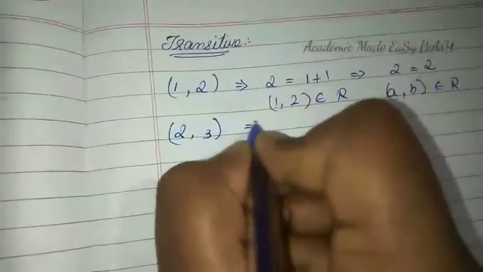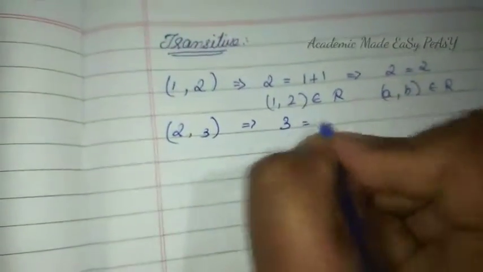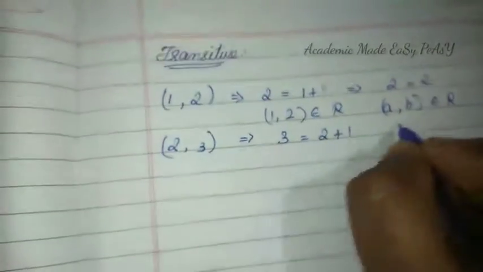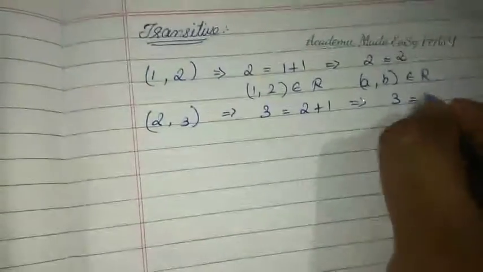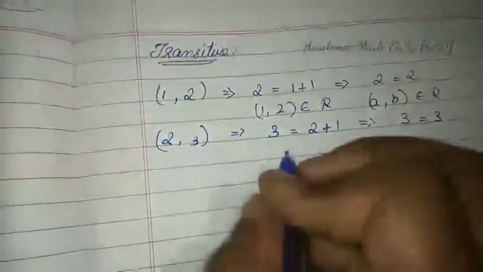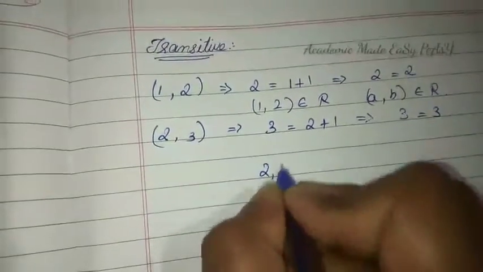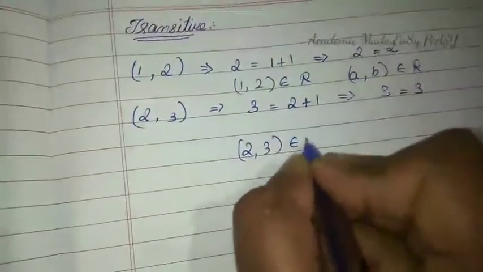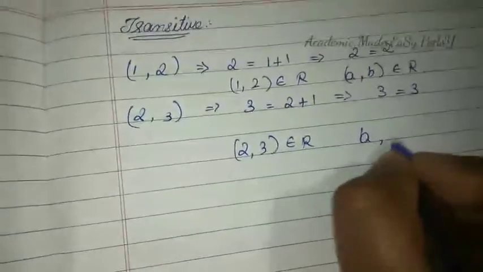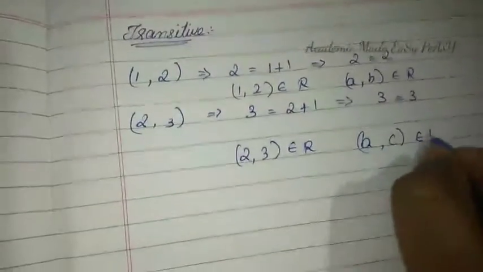So I will be taking that. So 3 is equal to 2 plus 1, which implies 3 is equal to 3. So (2, 3) belongs to R. (b, c) also belongs to R.